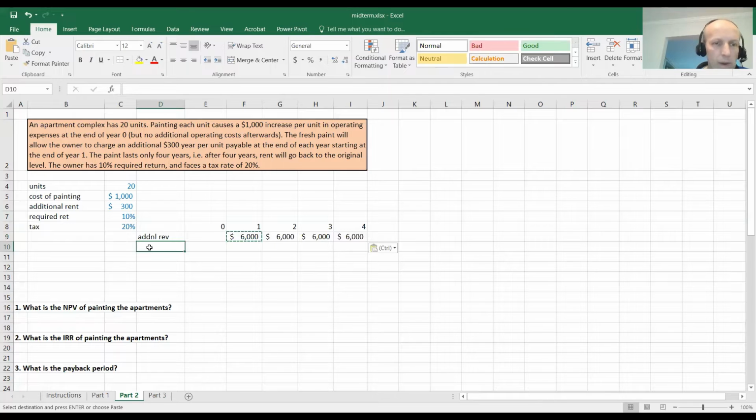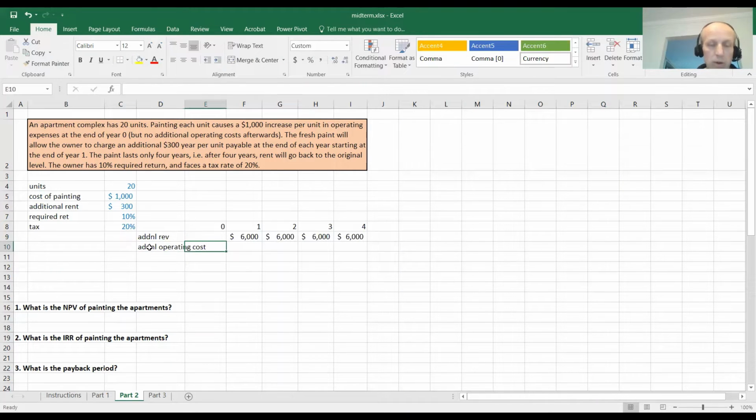What else do we know? We know additional operating cost. Well, there's no operating costs after year 0, but there's operating costs of $20,000 in year 0. And I think that's it on the cost.